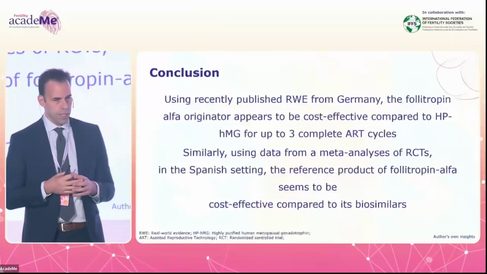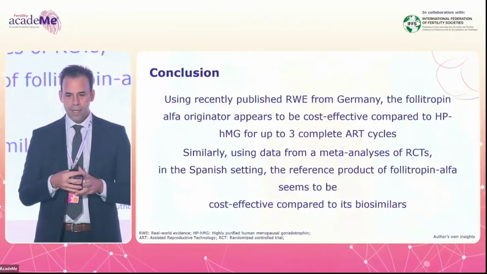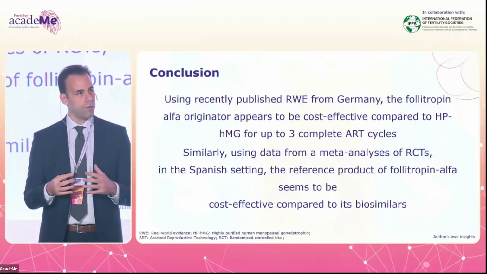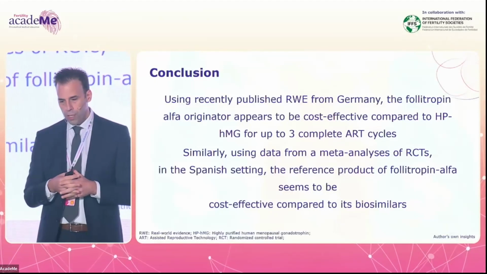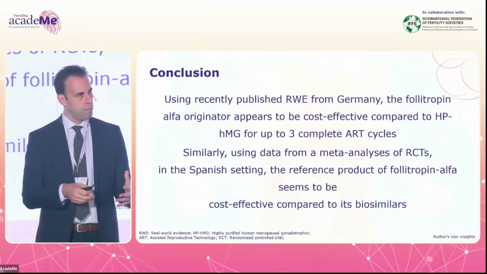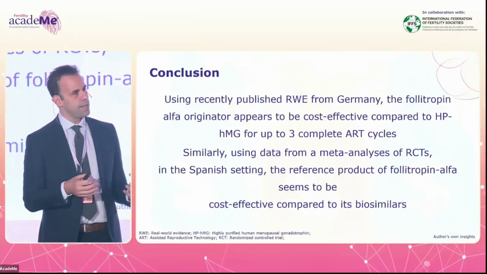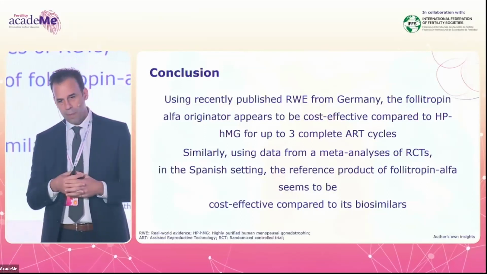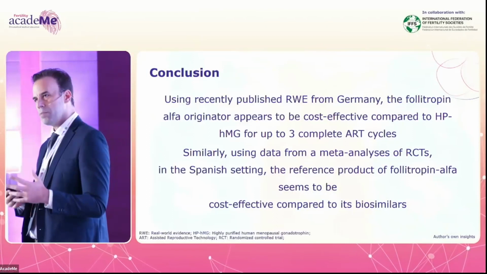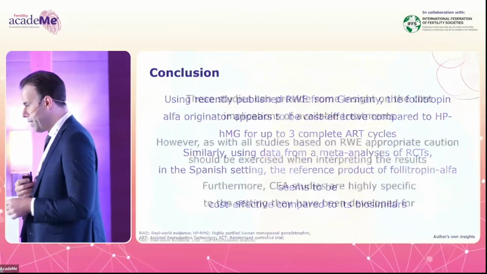And using those data, a recent cost-effectiveness analysis from Germany suggests that using follitropin alpha originator is cost-effective compared to using highly purified HMG. And similarly, using data from published meta-analysis of RCTs suggests that despite potentially being more expensive, the originator follitropin alpha is more cost-effective compared to the biosimilars of follitropin alpha.